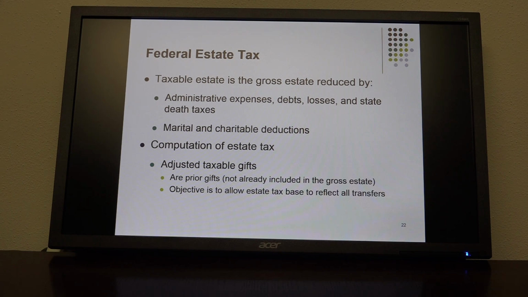And so it's a last to die sort of thing. Not only that, but to the extent the first to die doesn't use up their exemption equivalent of 5.43 million, let's say they don't use any, then the surviving spouse gets to use any unused exemption equivalent that the decedent didn't use.